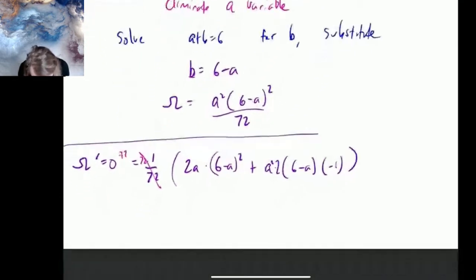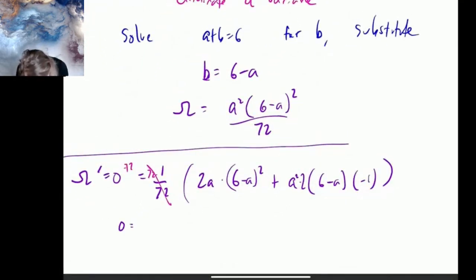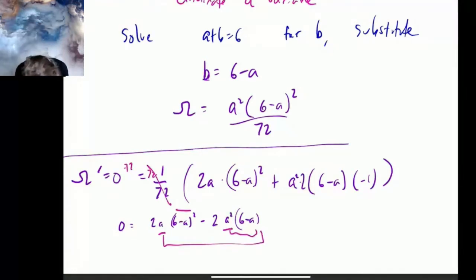Then I'll do some rewriting down here, and I'll have 0 equals 2a times (6 minus a) squared, minus 2 times a squared times (6 minus a). It might be tempting to distribute things out, but I'm not going to. I'm going to factor. I'll factor out a common factor of a and a common factor of 6 minus a, and divide by 2 on both sides to get rid of my 2's.